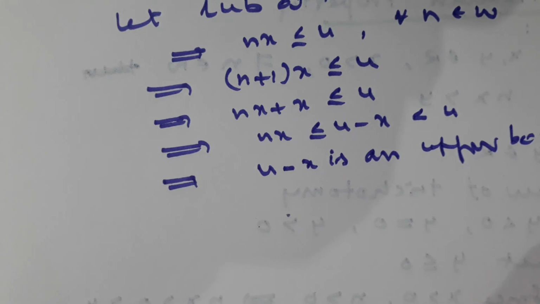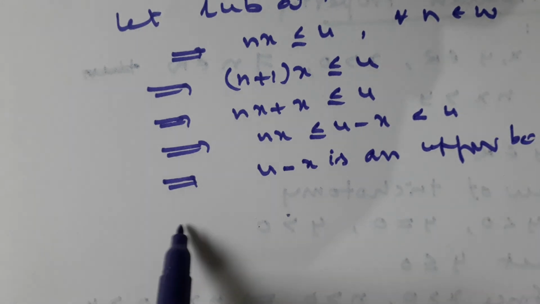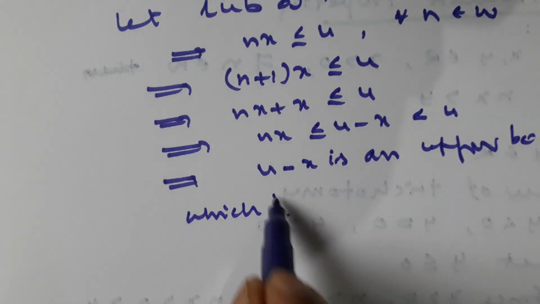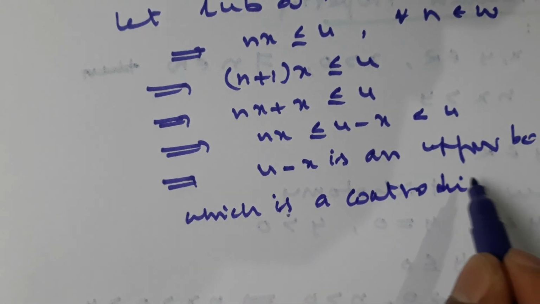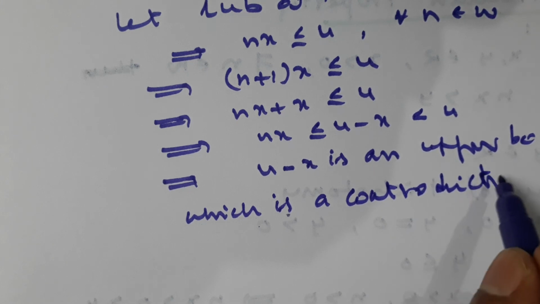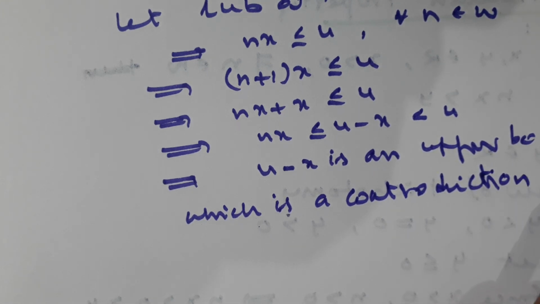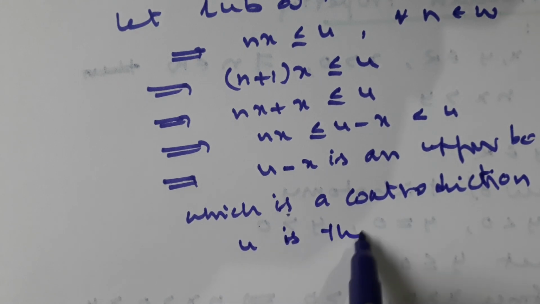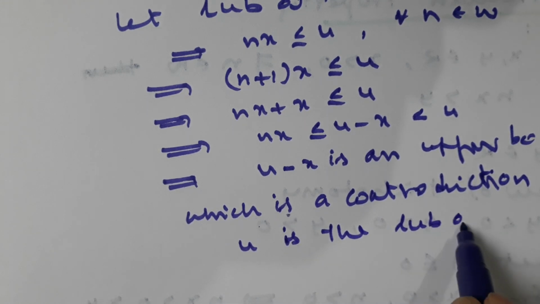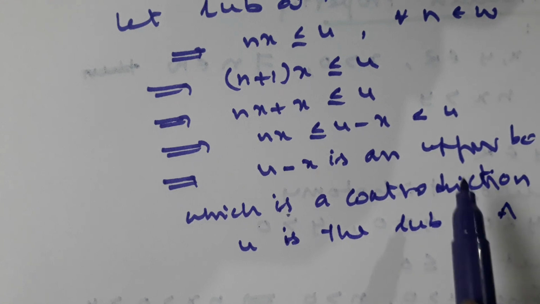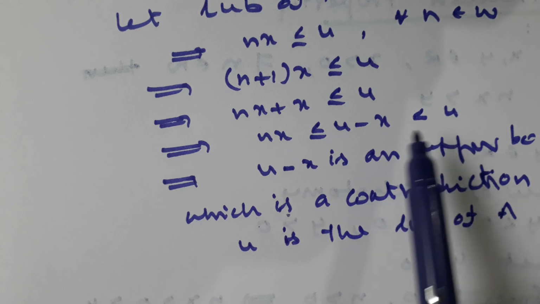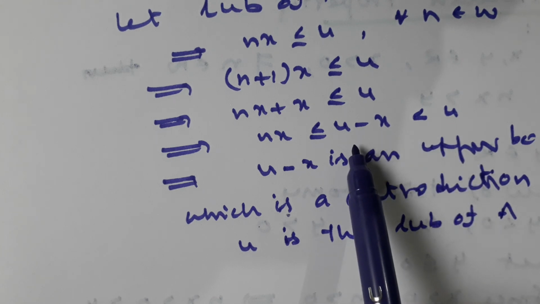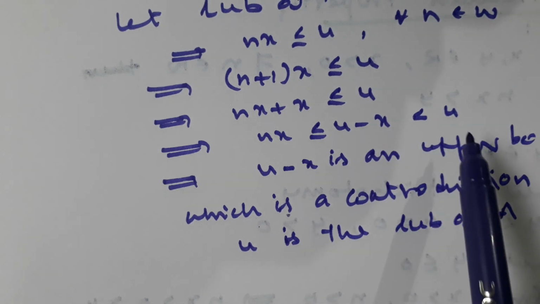Which is a contradiction, as u is the LUB of A. Whenever u is the least upper bound of A, no element less than u can be an upper bound.